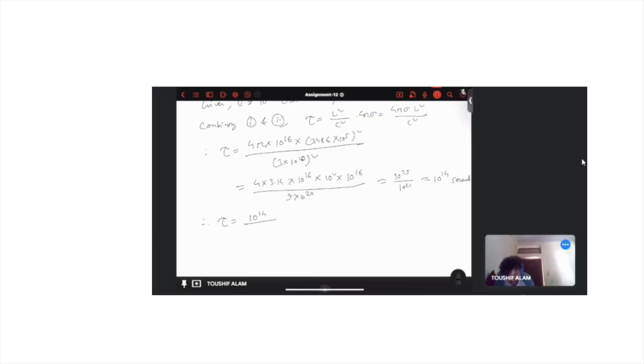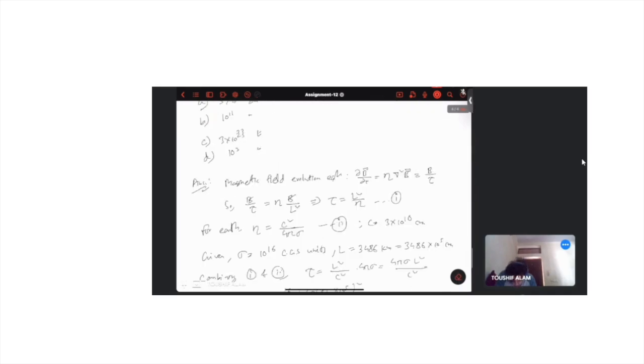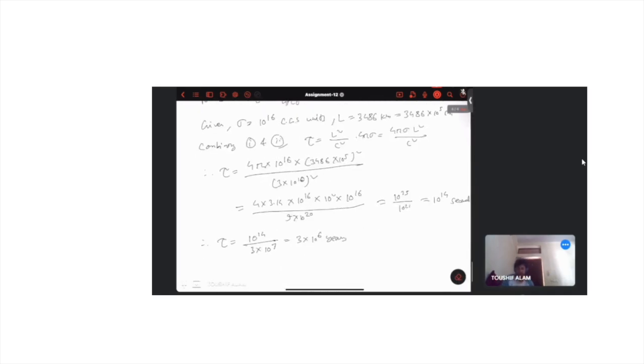If you convert that to years, you need to divide it by 3 into 10 to the power 7. So we get 3 into 10 to the power 6 years, right?